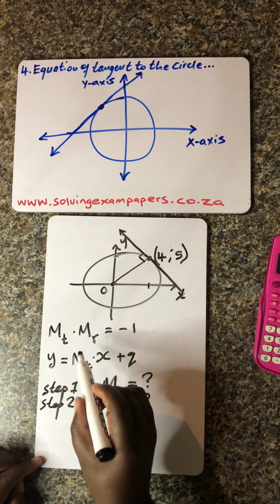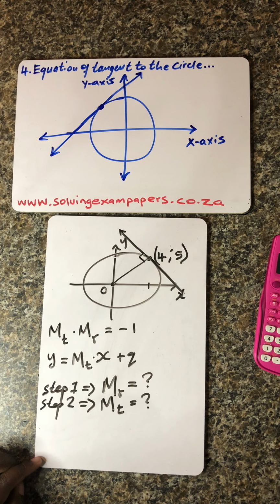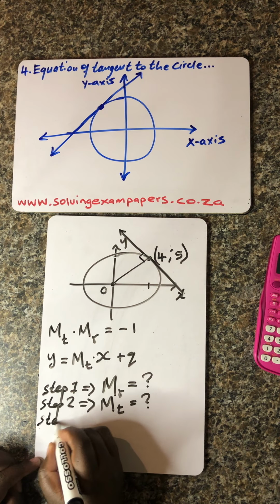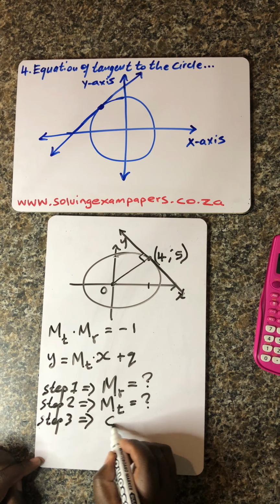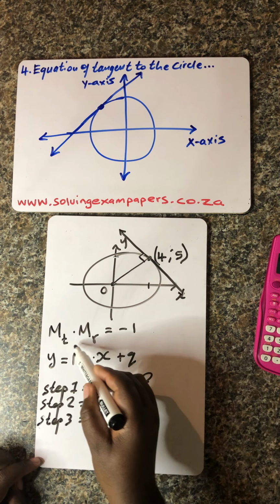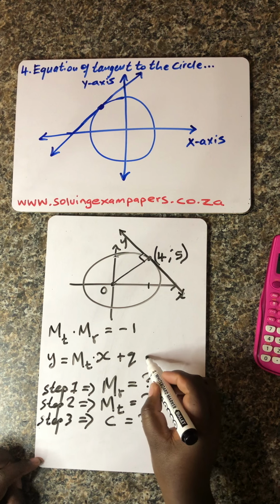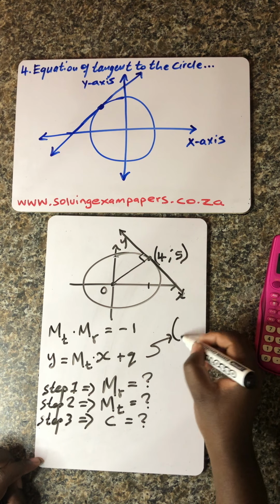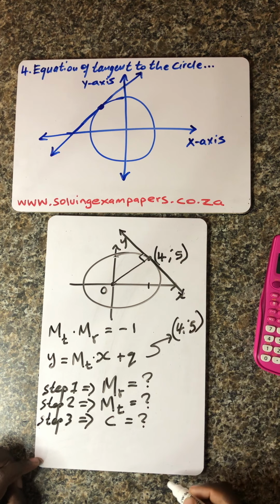So obviously you use that formula, ladies and gentlemen. As soon as you get m of t, then on your step 3, this is where you calculate the c value. Because you already have that m of t, and again you just use that point of contact in order for you to calculate that q.